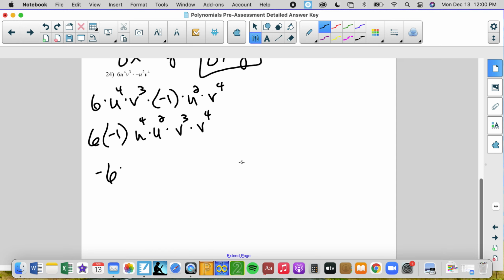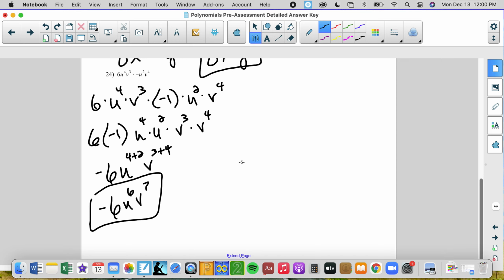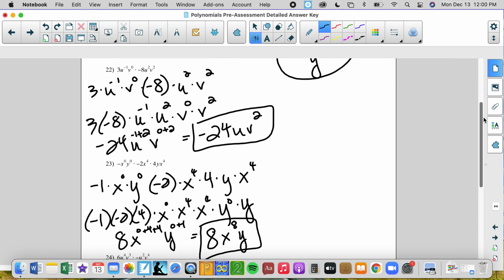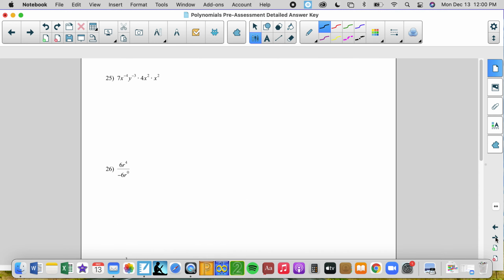That's negative 6, u to the 4 plus 2, v to the 3 plus 4. Negative 6, u to the 6th, v to the 7th. And those variables have to be in alphabetical order. That term, uv, xy, uv. There might even have been an AB.